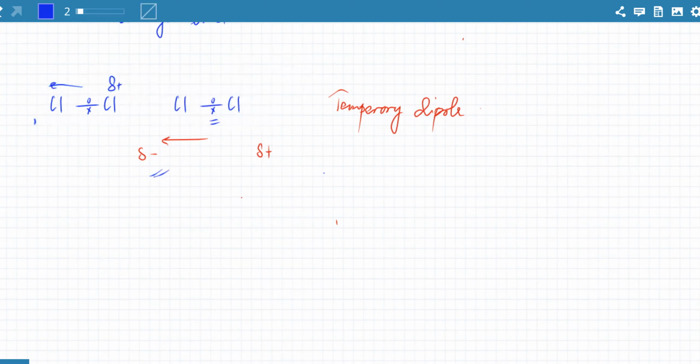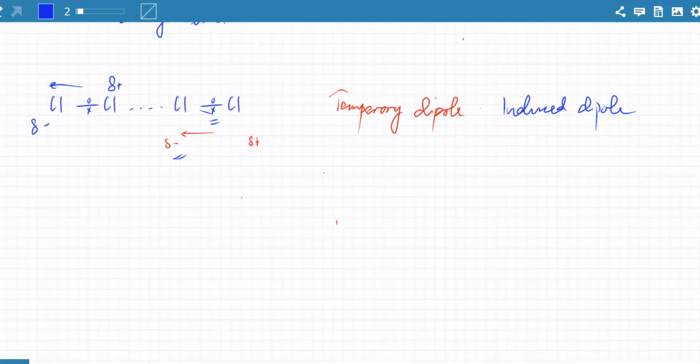Due to random collisions, a dipole is created on one of the atoms or molecules. So it could be this side being partial negative or the other side becoming partial positive. So the dipoles are randomly fluctuating around because they're temporary. They just happen for a minor instant. But when they happen, the negative charge over here would push these electrons to the other side, and this would become partial negative. This one would become partial positive, and that would result in a force of attraction between the molecules. So is this clear?